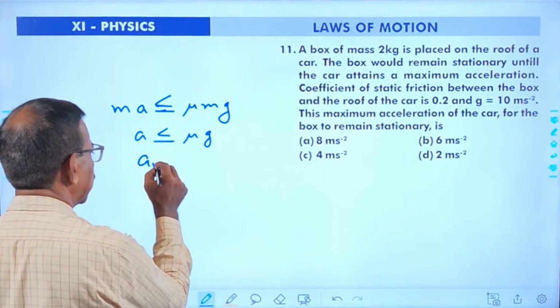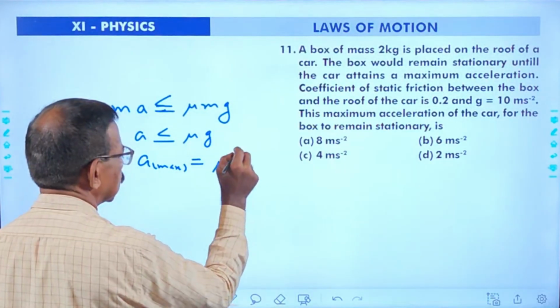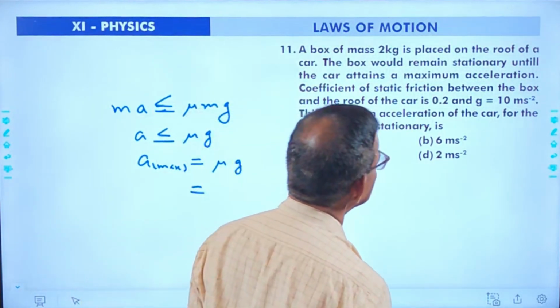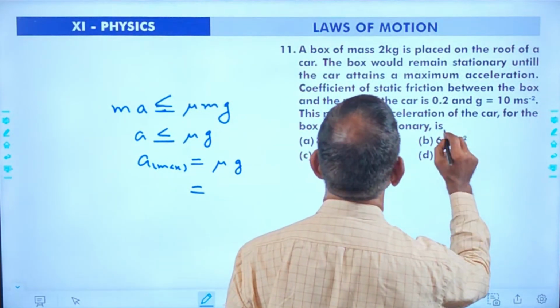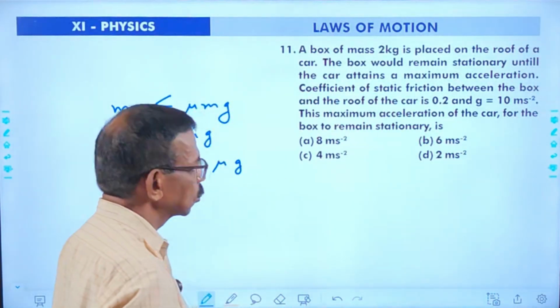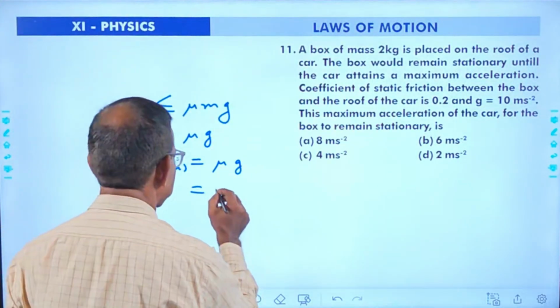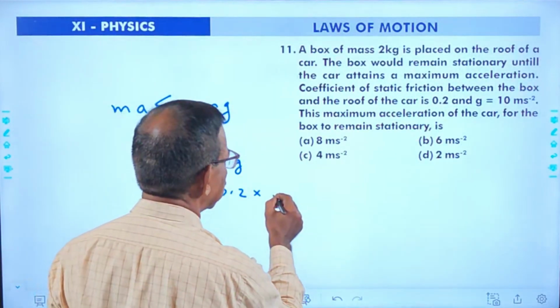The maximum means a equals mu g. In the question itself, mu is given as 0.2, and g is given as 10.